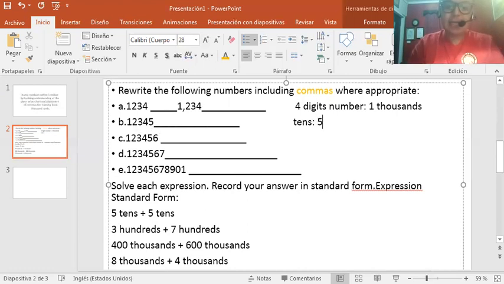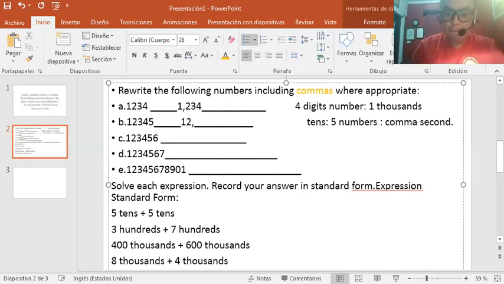It has 5 numbers. And in these 5 numbers we add a comma at the second number, okay? So the comma is going to be 12, comma.